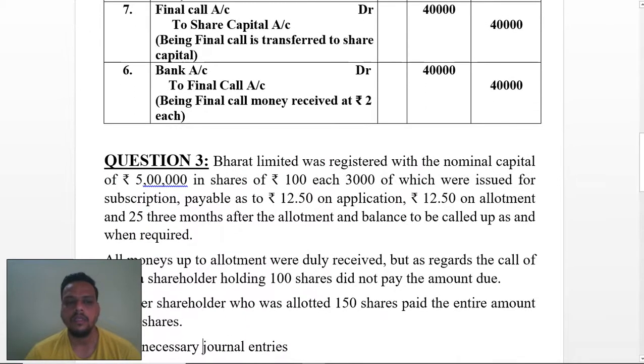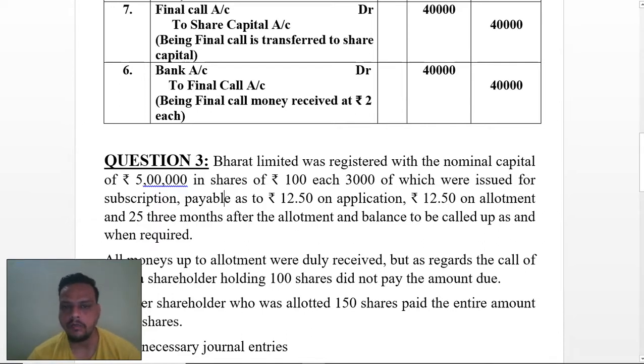Here the question is a little bit lengthy, as I have shared with you about calls in arrears and calls in advance. Let's read with the concept and go one by one. Here we go.